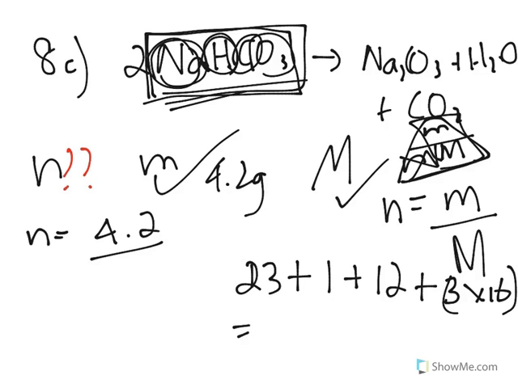That gives you a total molar mass of 84. Remember that molar masses on the periodic table are always given in grams per mole. So divided by 84, that gives you a number of moles of 0.05 mole.